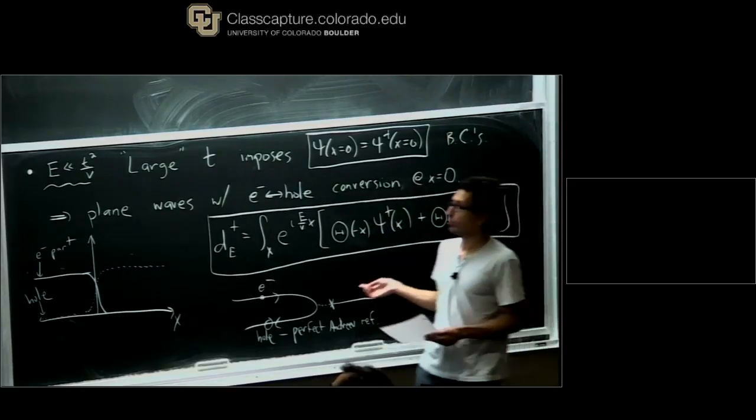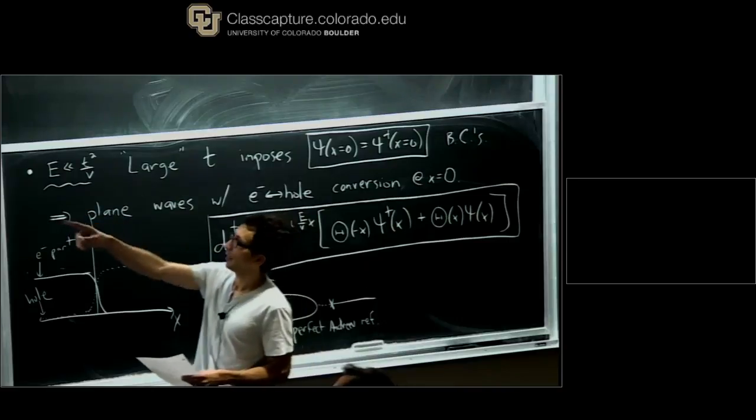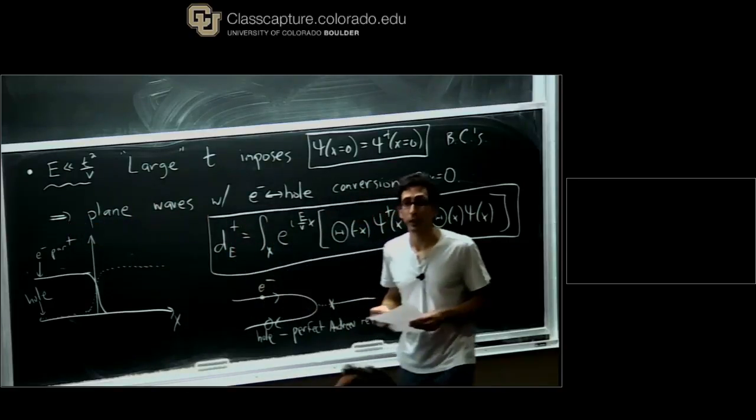And since the probability for Andreev reflection is perfect, the conductance is just 2 times e squared over h.